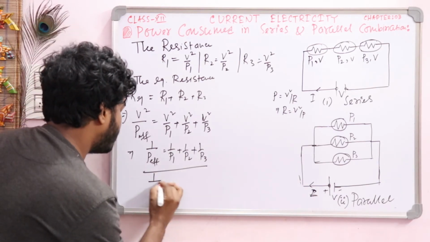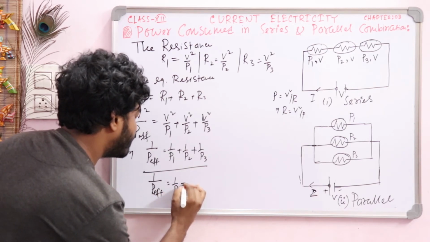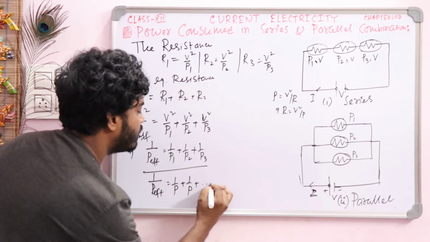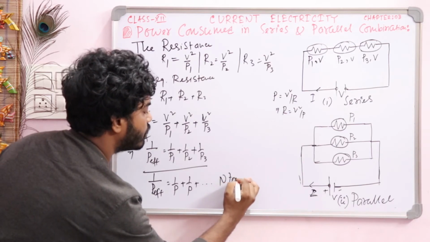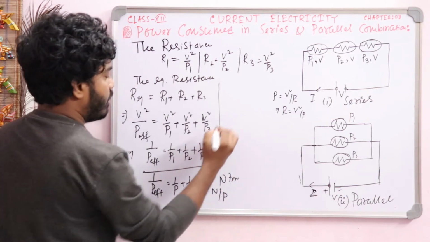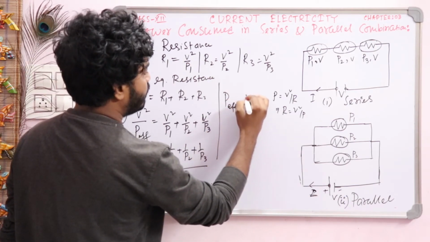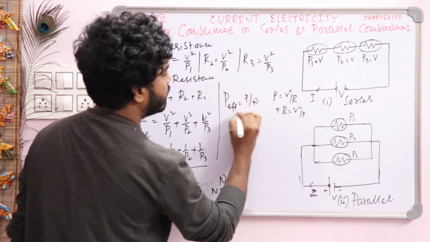So 1 by P effective is 1 by P plus 1 by P, like this up to n terms. So this will be n by P. So P effective will be P by n.